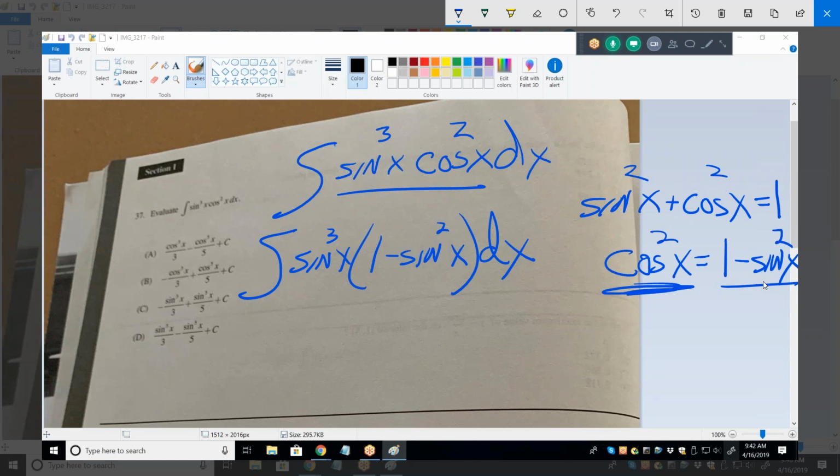I think the sine cubed is already factored out. Can we pull out another sine? No. There's only one thing left to do. Can't factor anything, but we can distribute.